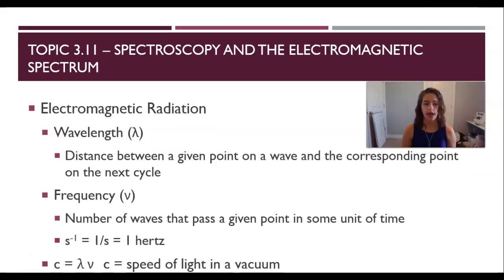When we talk about electromagnetic radiation, there are a couple of properties or aspects that we think about. First is wavelength. The symbol that we use for wavelength is the lowercase Greek letter lambda. The wavelength is the distance between a given point on a wave and the corresponding point on the next cycle. So oftentimes we think of wavelength as the distance between two peaks or two valleys.